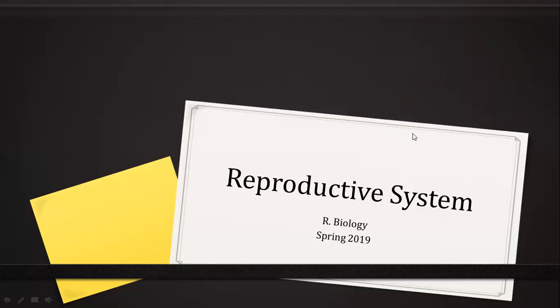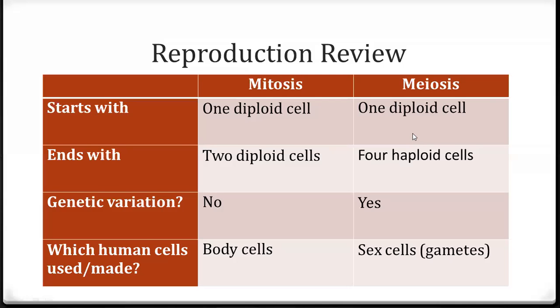All right, so reproductive system. So we're going to start by reviewing how the cell divides. So for mitosis, you start with one diploid cell, meaning you have two copies of the genetic info, and then you end with two diploid cells. There's no genetic variation, and these are body cells.